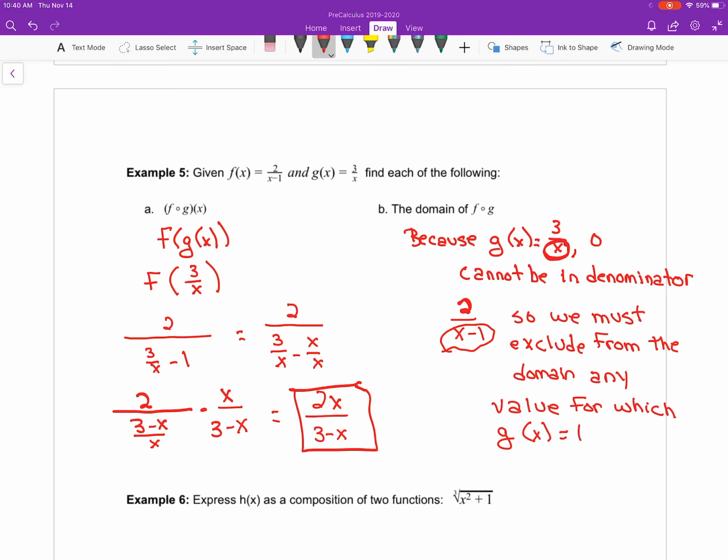Because this value right here, x cannot equal 1. So that means 3 over x cannot be 1. So x cannot be 3 if you cross multiply there. Just cross multiply.